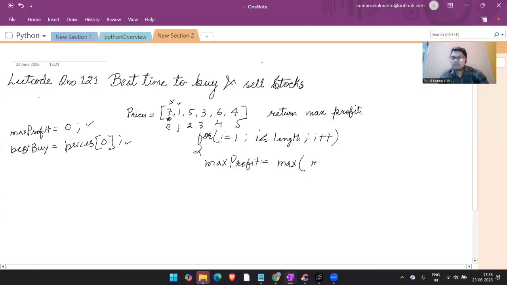The first we can take as max profit, and the second one as prices of I minus 1, prices of I minus best buy.